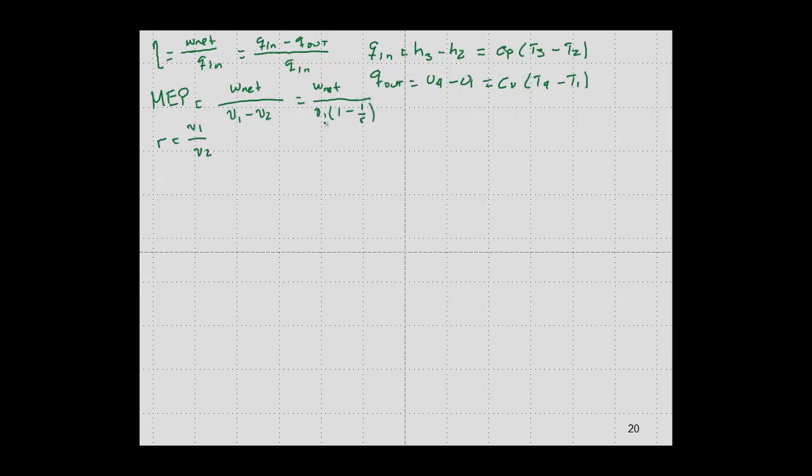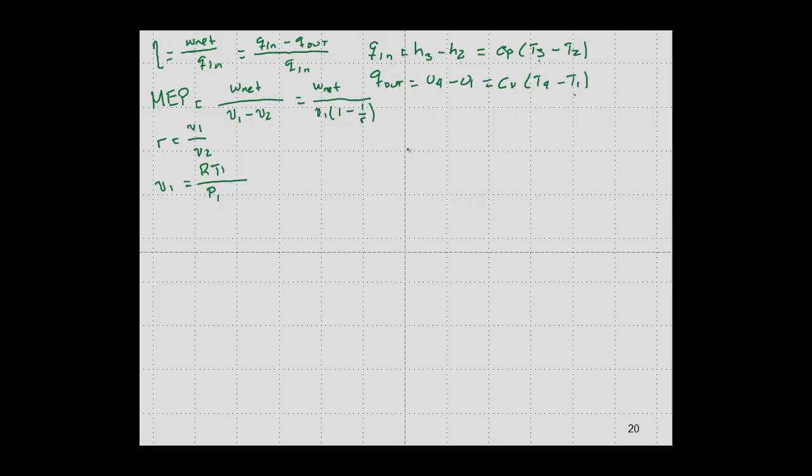So we only need to find out V1, and V1 will come from our ideal gas, which is R T1 over P1, which is state 1 because we know all the information already. So basically what we need to get is temperatures to compute our heat.